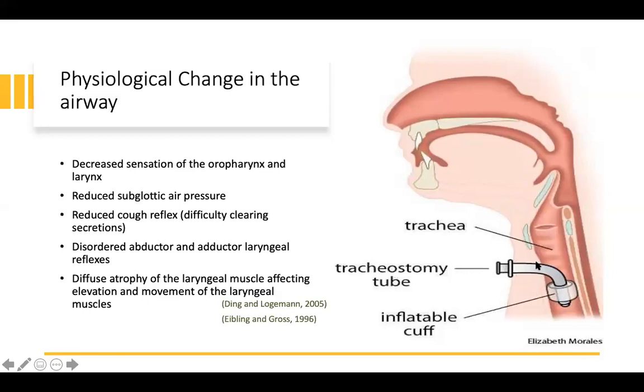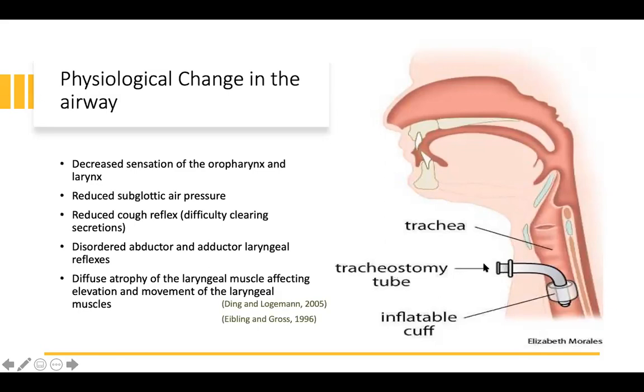But once we insert a trach, that changes, because now the patient is breathing through that trach. So when he inhales, the air goes through the trach and into the lung, and out of the trach. So we no longer have any air circulating in that upper airway.